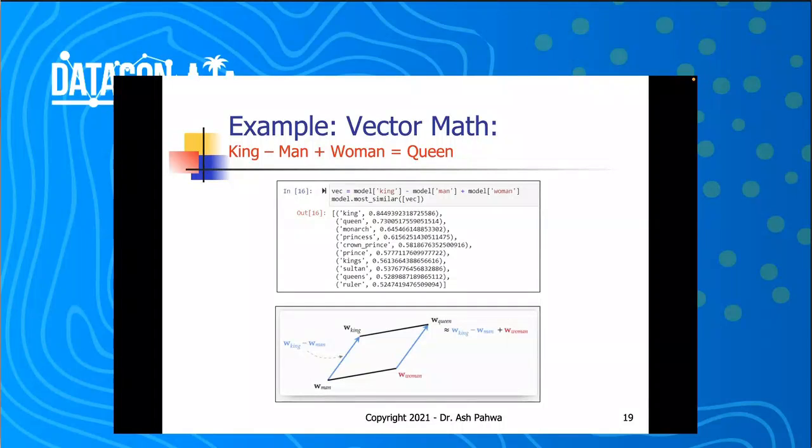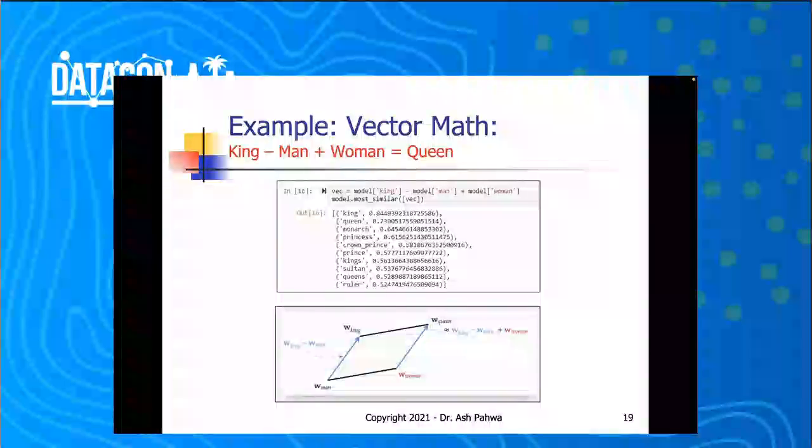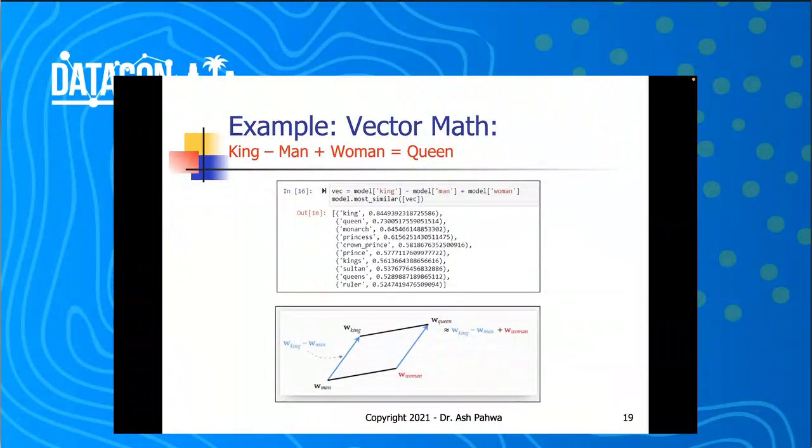First they did that with 200 floating point numbers, and then they said, why stop at 200? Let's make it 300, it's going to become more accurate. 500, 750. These are called word embeddings. When embeddings were first announced, people didn't believe it.